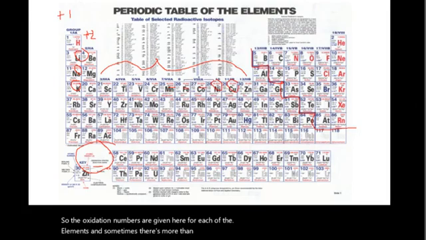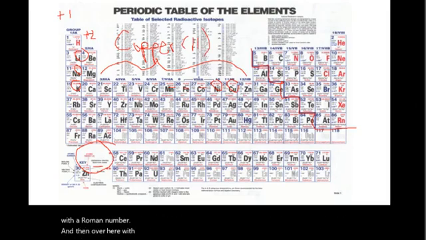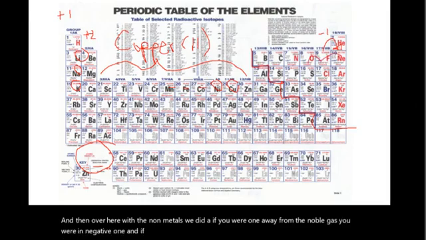And when we were writing formulas with that, we told you that they had to tell you what is the oxidation number for it, and they would do it with a Roman numeral. And then over here with the nonmetals, if you were 1 away from the noble gas, you were a -1. And if you were 2 away from a noble gas, you were -2.